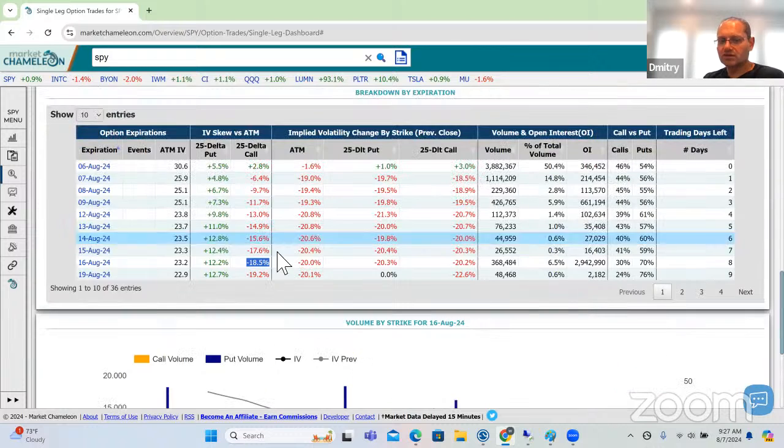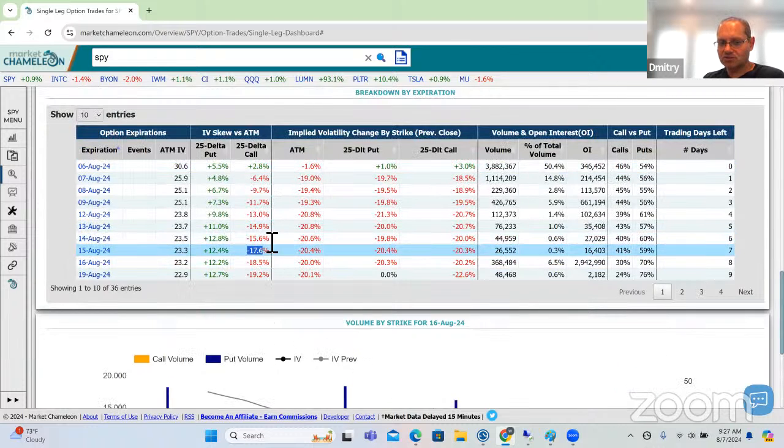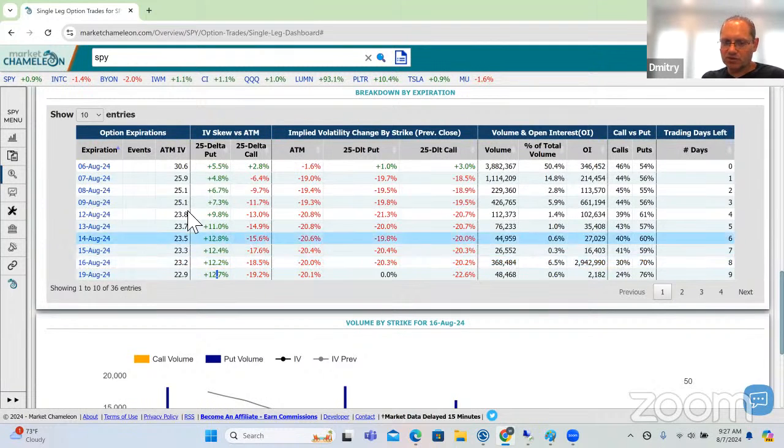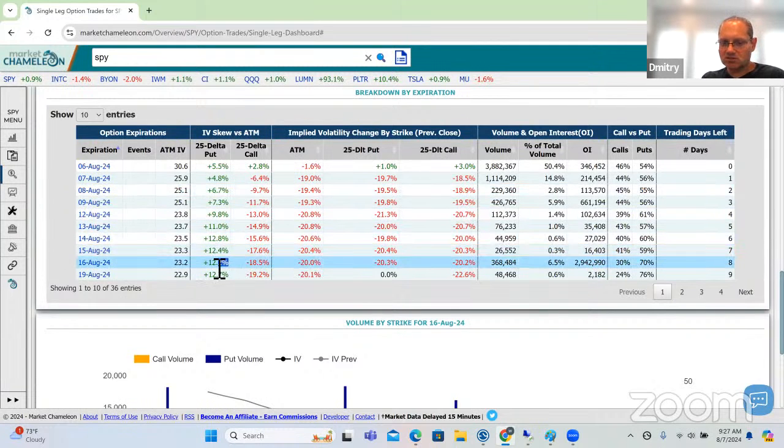But this table also lets us compare on a relative basis all the other expirations in front of us, and you could also compare SPY to QQQ and whatever. So we've got that. And the next thing is, now that we know what these are, how did they change?